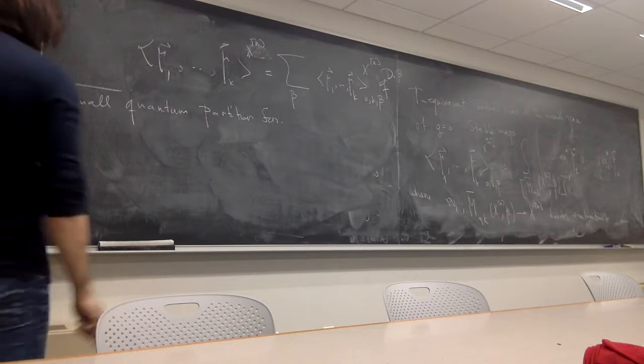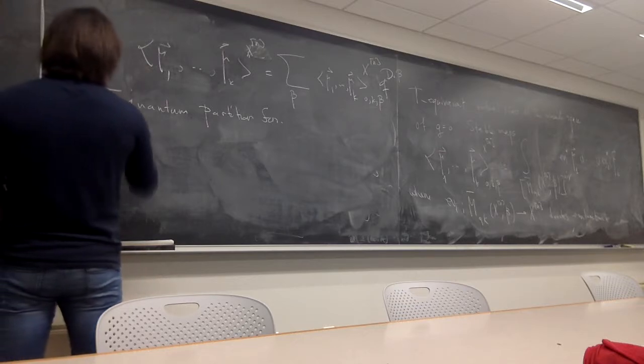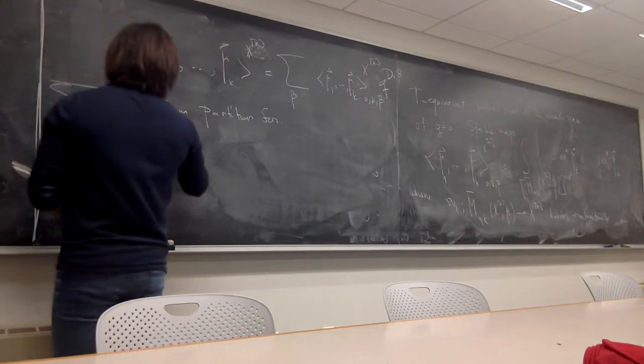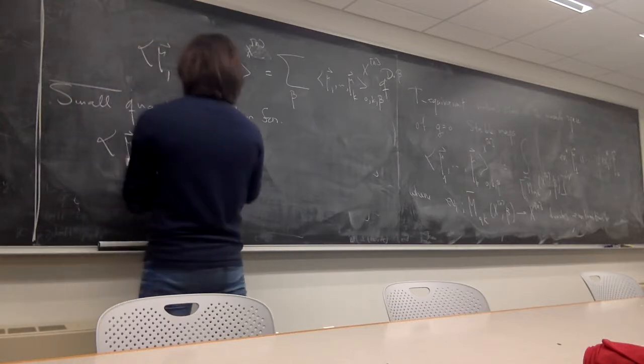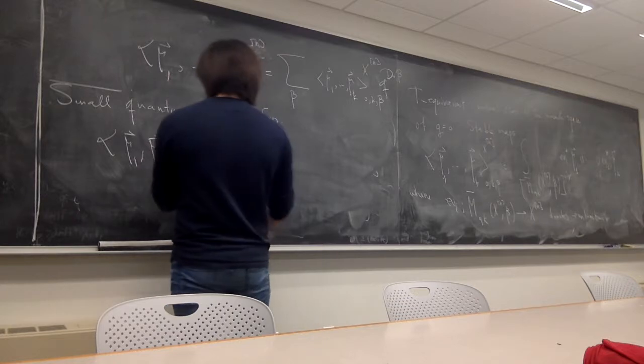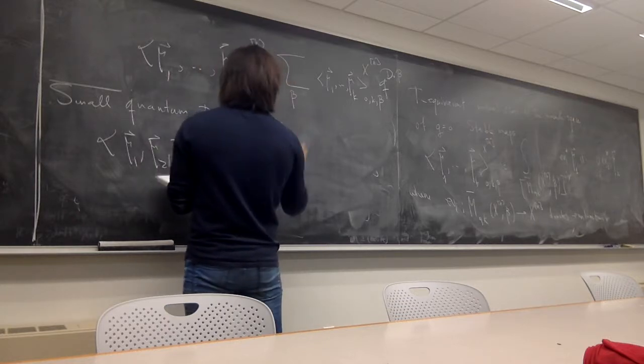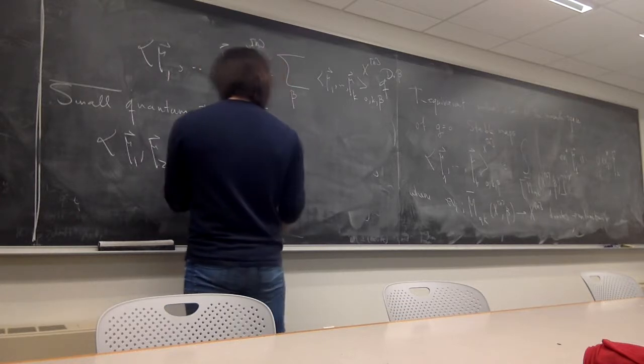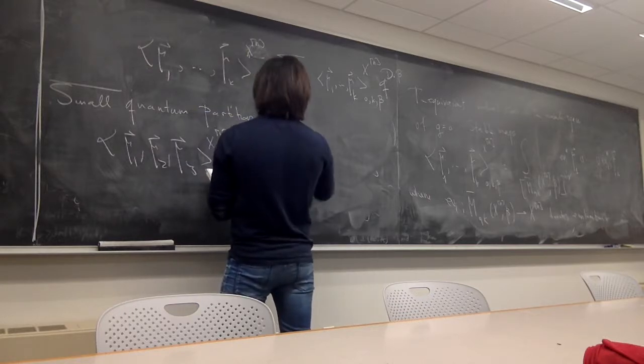So the small quantum partition function is basically given by xn, which is a sum over beta of the following.